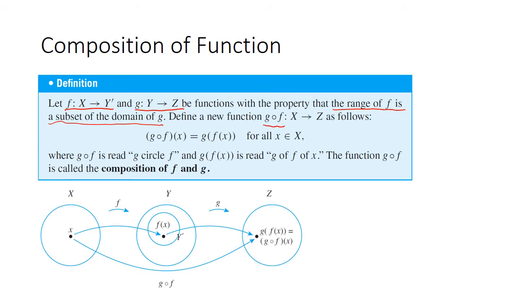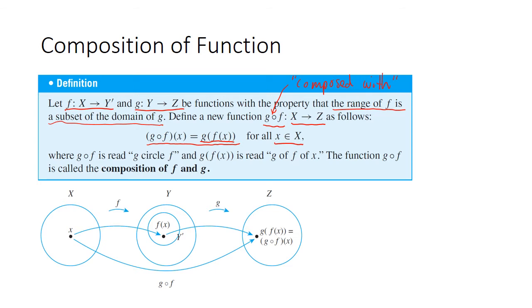You read the little circle as composed with. So g composed with f is a function from x to z, from the domain of f to the codomain of g. And the way you evaluate this function is g composed with f of x is simply g of f of x, for all x in the domain capital X.